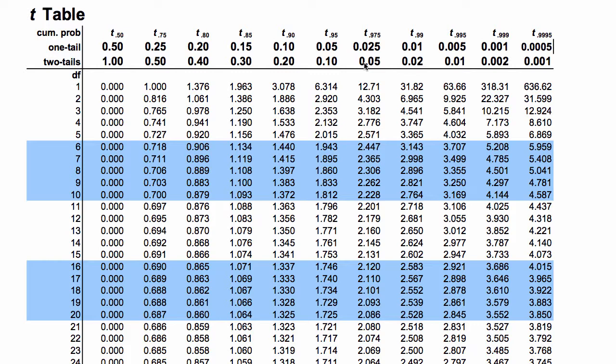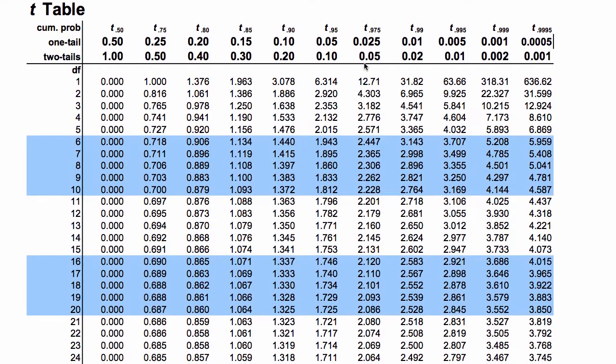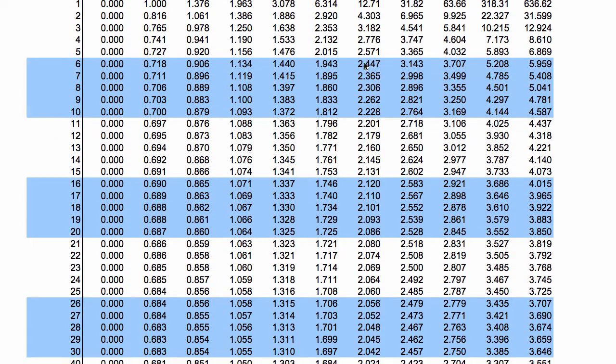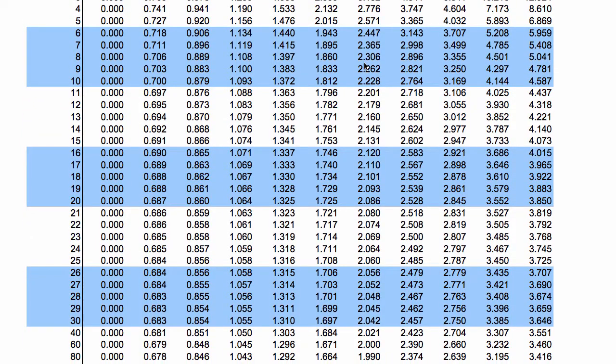Remember, we calculated that we had 80 degrees of freedom, so we need to scroll down here until we see 80, and now we see 80 on the left, so we go from here to here, and we make sure we're still in the right column, and we get our critical t-value of 1.99.